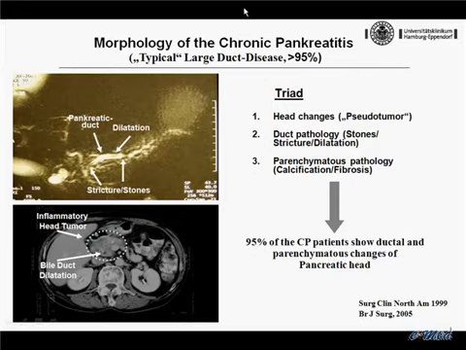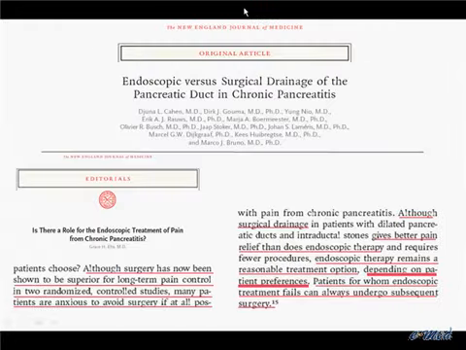You, of course, have changes in the ductal pathology, like stone strictures, which can be solitary, dominant, or multiple. And of course, you have parenchymatous pathology, like calcification and fibrosis. 95%, at least in our collective, of chronic pancreatitis patients show ductal and parenchymatous changes of the pancreatic head, and this is the reason why the pancreatic head has been termed the pacemaker of the disease.